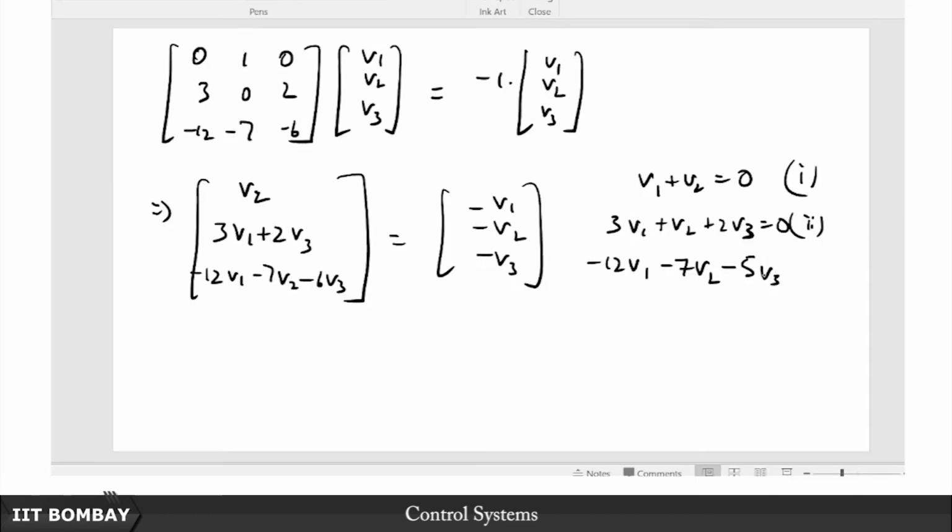Am I right? Let us see. So how do I obtain a solution for this? If you have done a course on linear algebra, you would know this is tantamount to solving for the kernel or the null space, the right null vector of A minus lambda I.